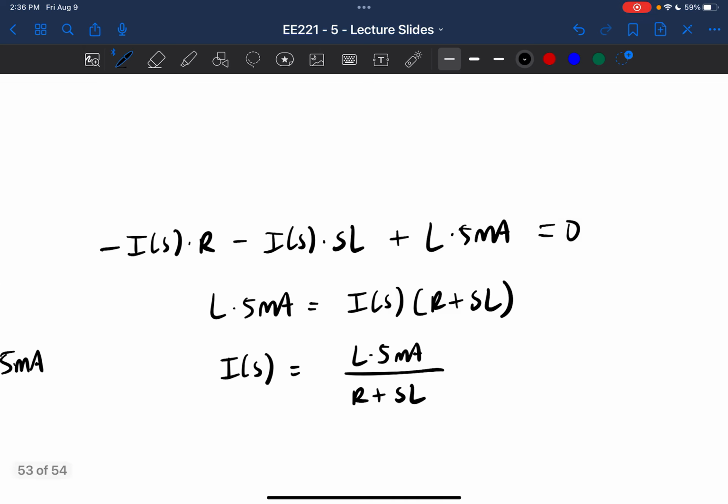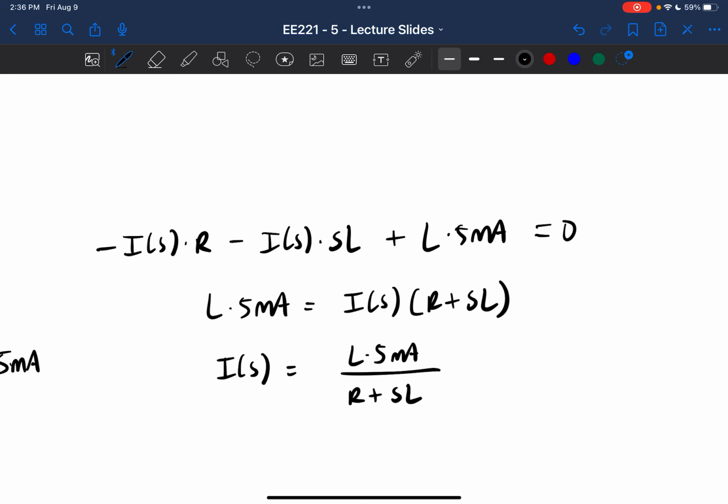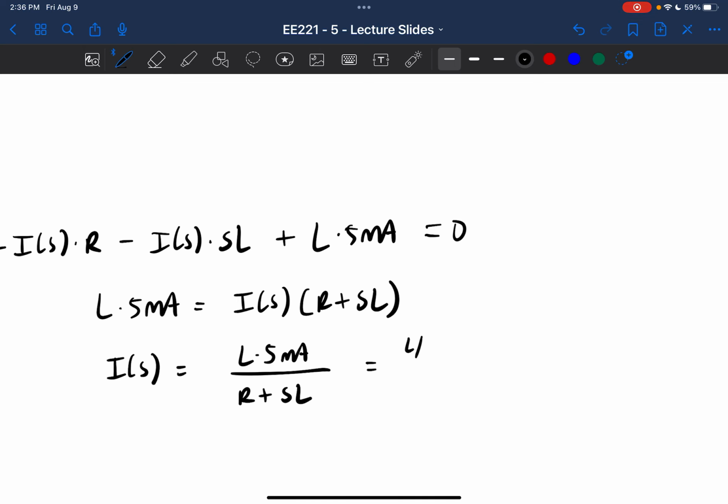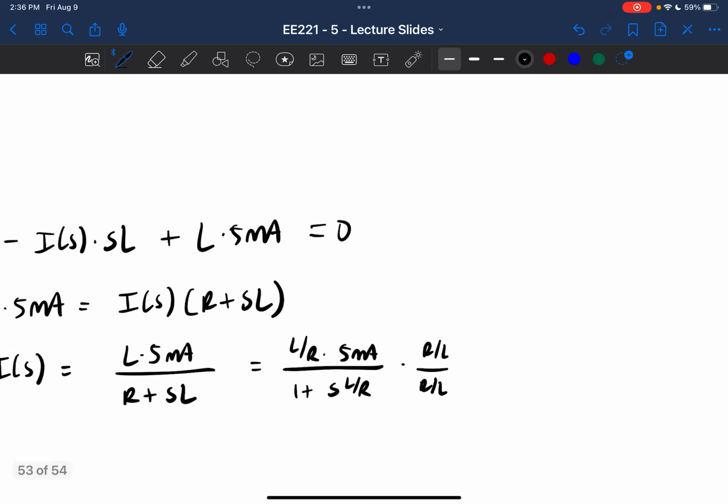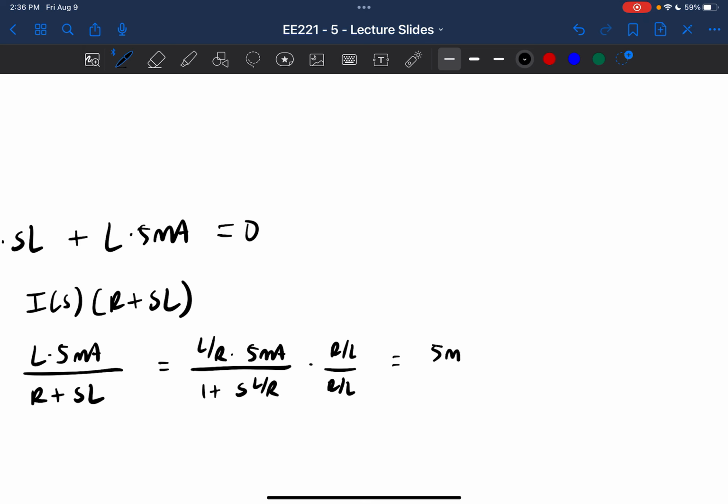What I'm going to want to do first is divide both the top and the bottom by R so that I can get L over R times 5 milliamps over 1 plus SL over R. And then what I'm going to want to do is multiply the top and the bottom by R over L. So I multiply top and bottom by R over L, and that's going to give me 5 milliamps divided by S plus R over L, or in this case, you could say 1 over L over R if you really wanted to, just to keep it in terms of stuff that we've already seen.